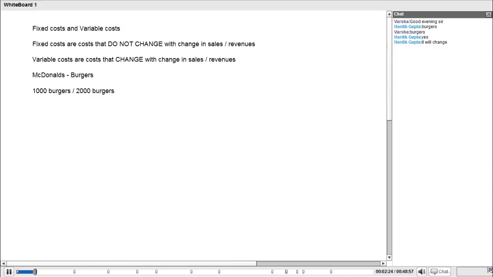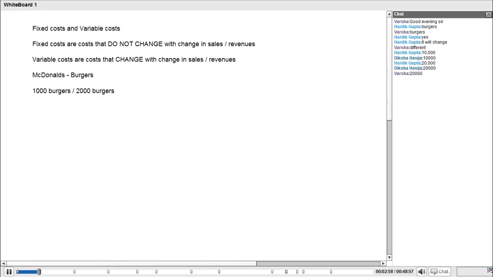Suppose one burger was rupees 10. If it sold 1000 burgers, how much revenue would it have? Yes, rupees 10,000. And if it sold 2000 burgers, how much revenue or sales would it have? Yes, rupees 20,000.